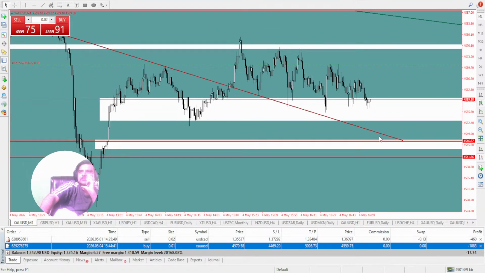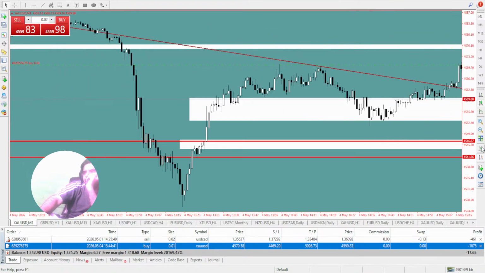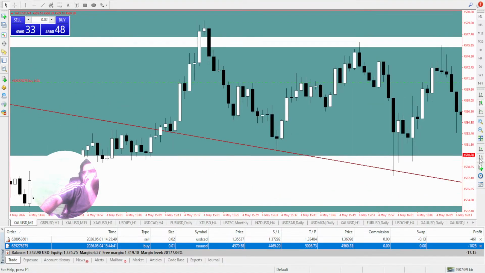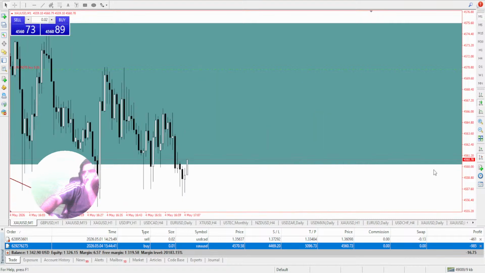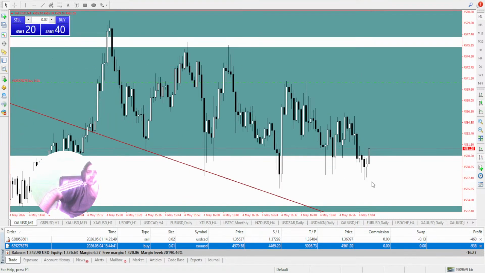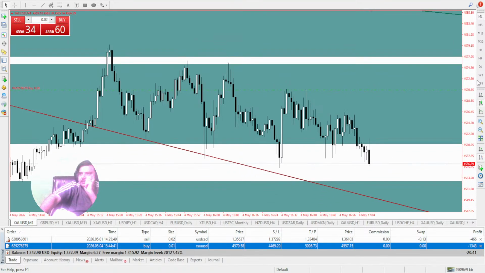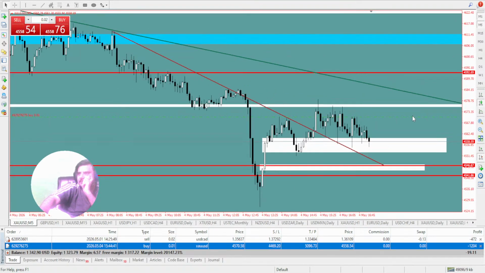Oh, seems like it reversed. Great. Wow, volume seems to be increasing. Actually, the bulls want to establish a pattern right here.